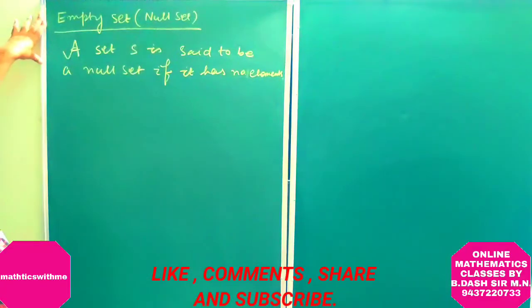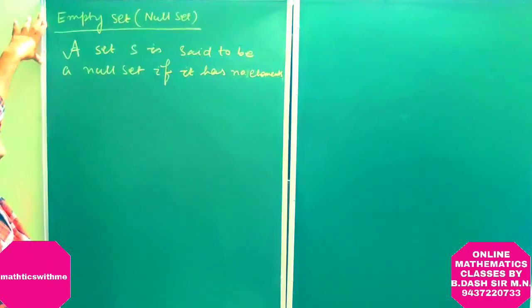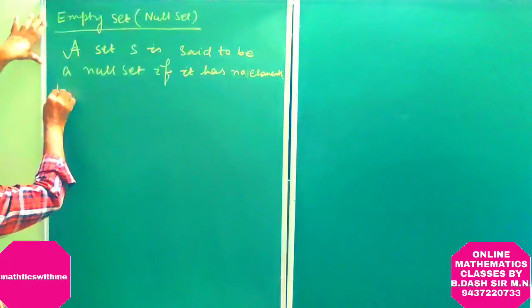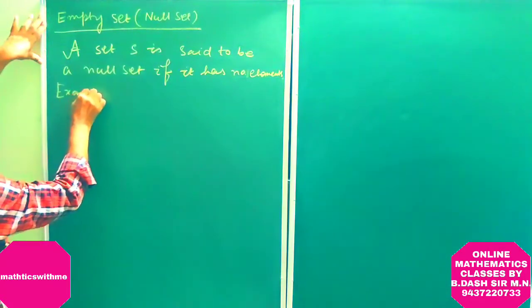So a set S is said to be a null set or empty set if it has no elements. Now example.